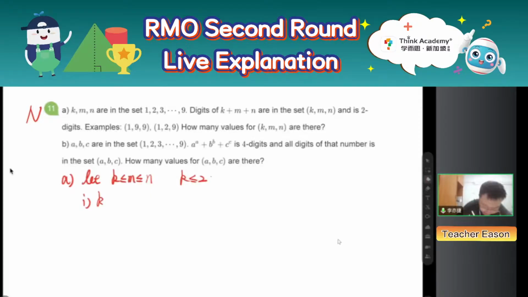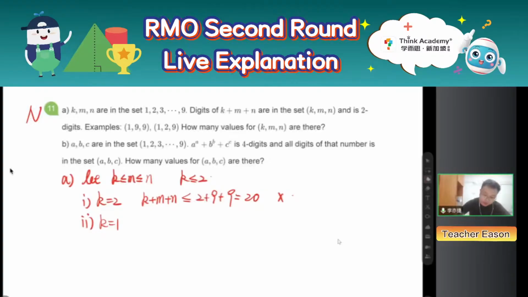Can k be 2? Actually, it's impossible, because if k equals 2, the sum is at most 299, so it's only 20-something. The only way to make it work, because we don't have 1, is to make the digit 0, which is impossible. We don't have 0. So k cannot be 2.